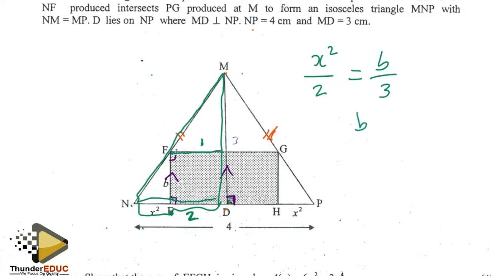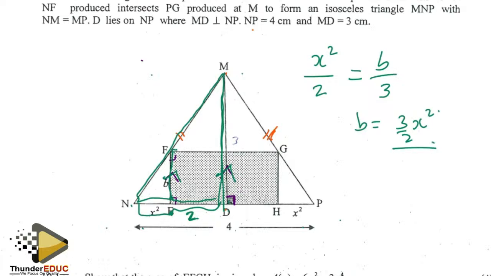Then I need to make b the subject, which is going to be 3 over 2 x squared. So I'm using this and this. So this one is not going to play a big role for me. Let me just use this. So x squared over the total, which is 2, equals b divided by that whole thing.